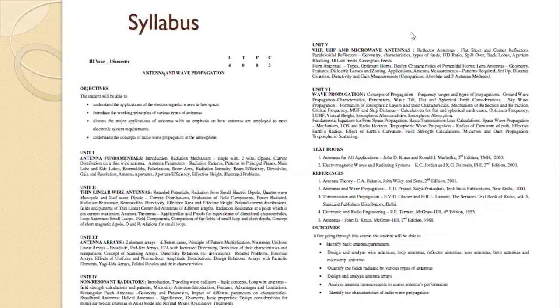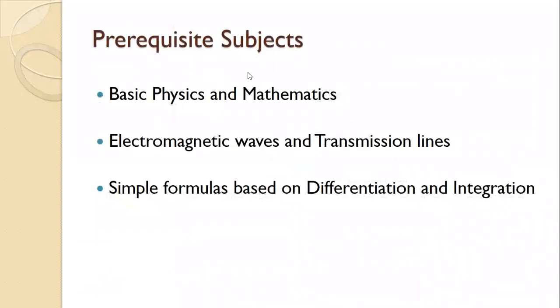Next, coming to the prerequisite subjects. A basic knowledge about physics and mathematics is required. And here, the students have studied about physics and mathematics in their intermediate and first year. That is important.